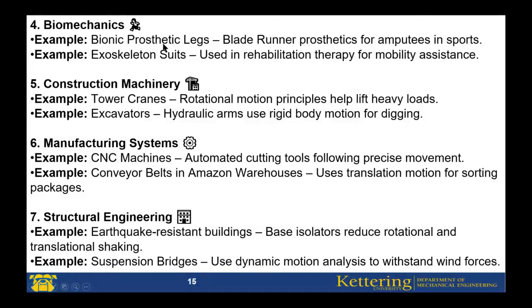Or in biomechanics, bionic prosthetic legs, or in construction, towers, excavators, in machinery, CNC machines, in structural engineering, earthquake-resistant buildings. Those are examples of rigid bodies whose dynamics and motion we are interested in learning about.